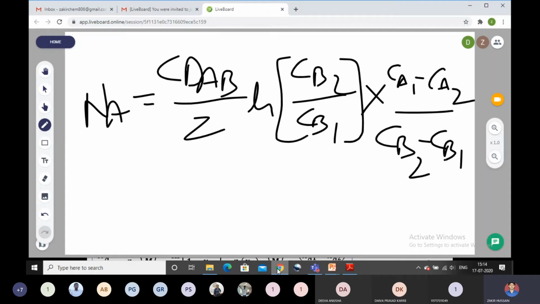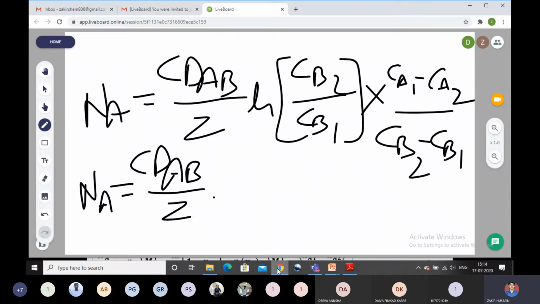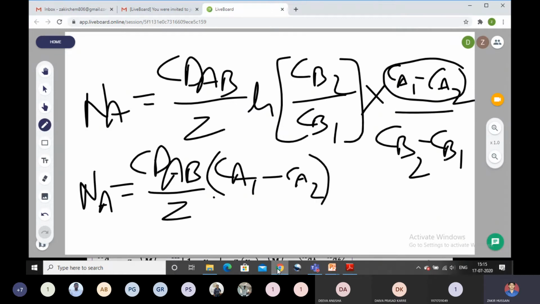Now we can write this equation as NA is equal to C DAB by Z, CA1 minus CA2, which I am writing first. Then next one is CB2 minus CB1.